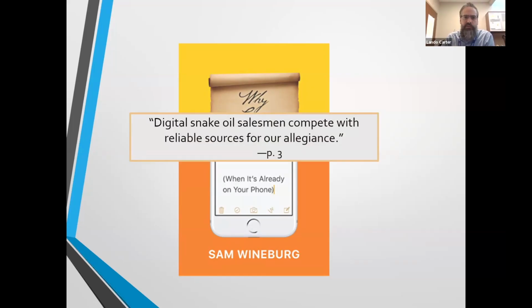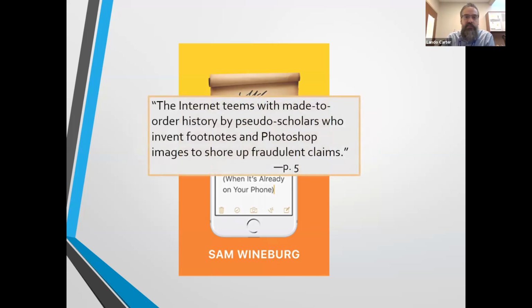Digital snake oil salesmen compete with reliable sources for our allegiance. If that's not true, even more every day, I don't know what would be. Secondly, he says the internet teems with made-to-order history by pseudo scholars who invent footnotes and Photoshop images to shore up fraudulent claims.